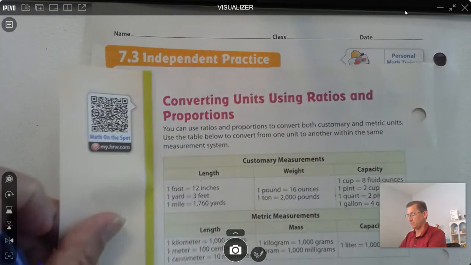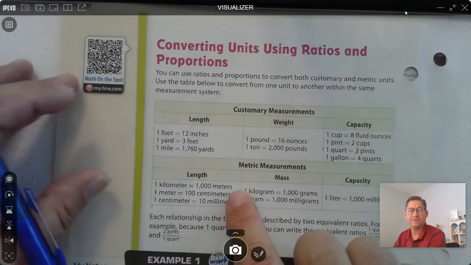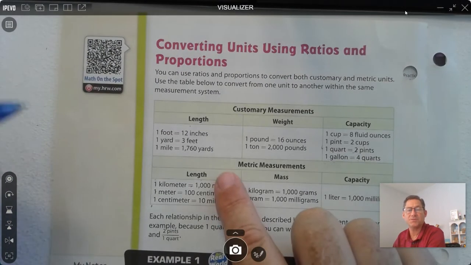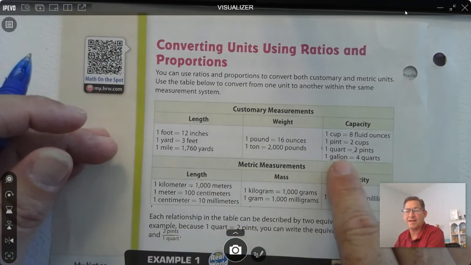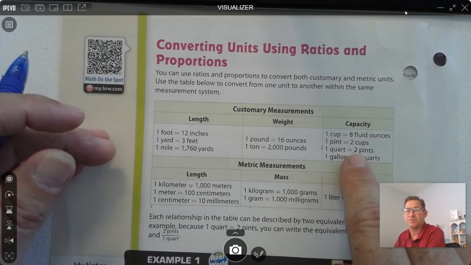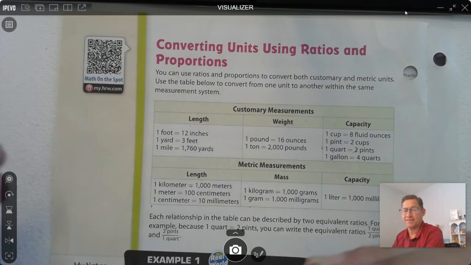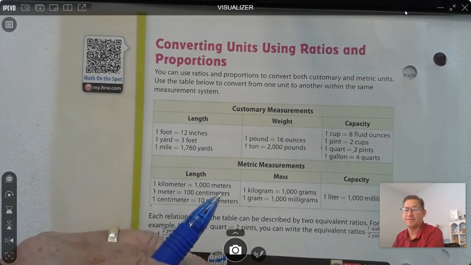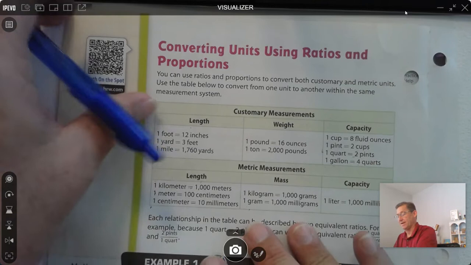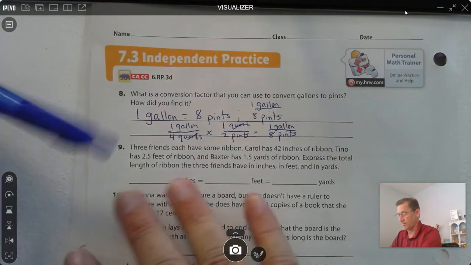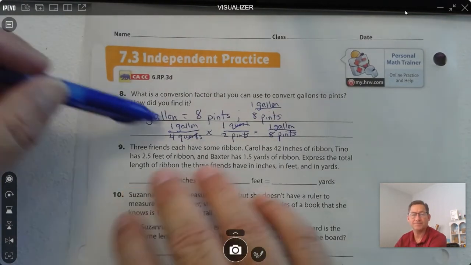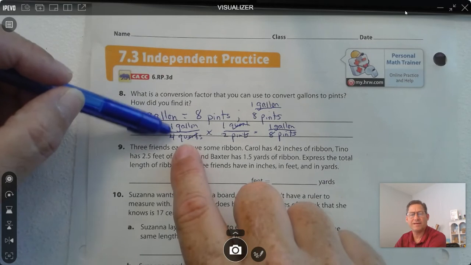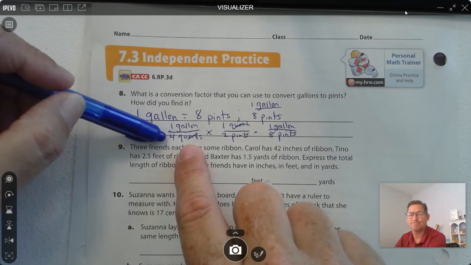Well, if we look at our table of equivalent ratios and proportions, we notice that gallons do not have a direct relationship with pints. But could we create a conversion factor that would work for a gallon and pints? Well, if we start with 1 gallon and we say that in 1 gallon there are 4 quarts, right?